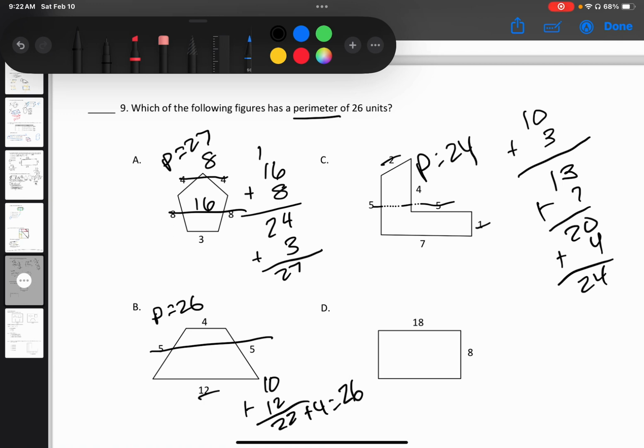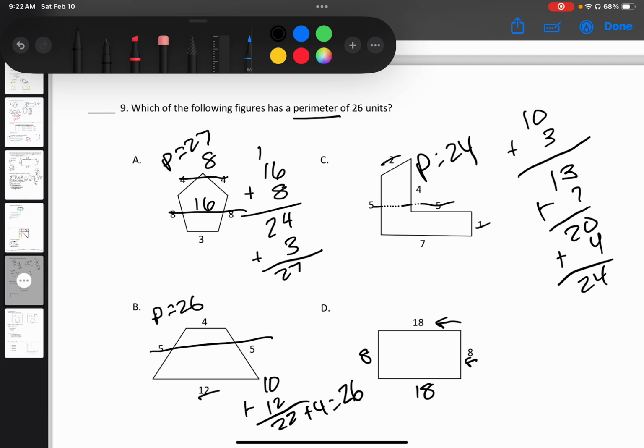Okay, D is one that will trick the kids up, but we have worked a ton on it, and for the most part, we're pretty good at knowing on a rectangle. When they only give you two side lengths, you have to label the other two sides before you can find the perimeter. So if the top has a measurement of 18 units, the bottom will be 18 units. If the right side has a measurement of 8 units, the left side will be 8 units.